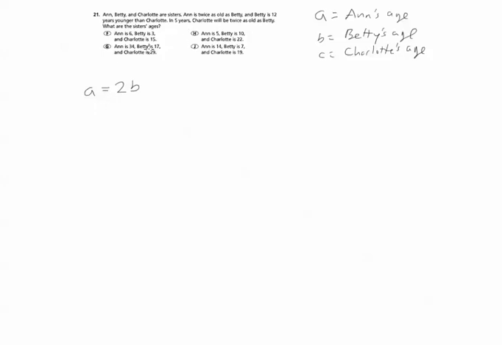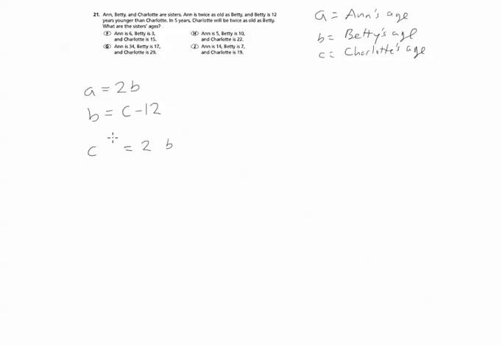Now the next statement says Betty is 12 years younger than Charlotte. So Betty equals Charlotte's age minus 12. Now the last statement can be a little tricky. It says in 5 years Charlotte will be twice as old as Betty, 2 times Betty's age. The key is that it states in 5 years.